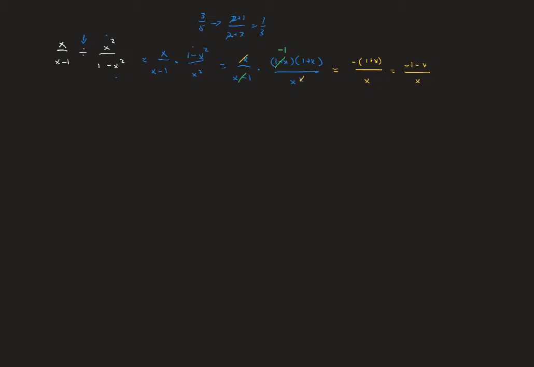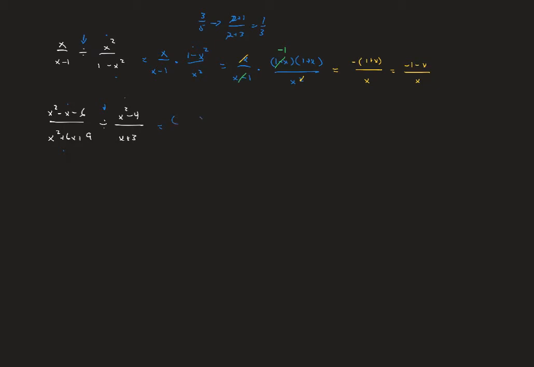Now let's look at one that's more typical, where we're going to have to do a whole bunch of factoring. So let's do x squared minus x minus 6 all over x squared plus 6x plus 9, and we're going to divide that by x squared minus 4 all over x plus 3. So we have the division, so we're going to multiply by the reciprocal, but as we rewrite this, I'm going to factor each of those.